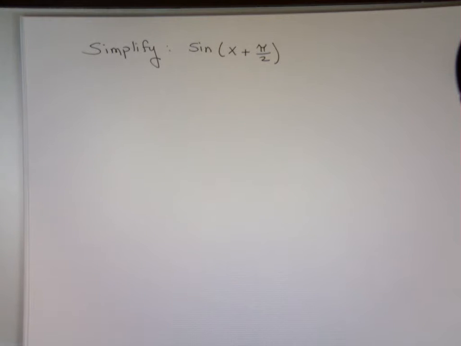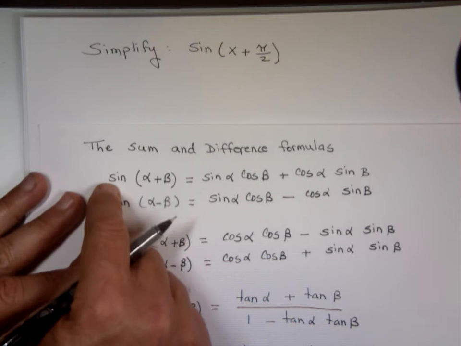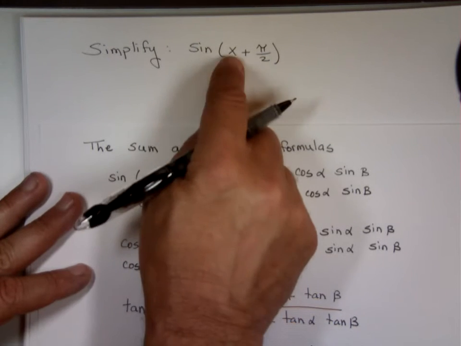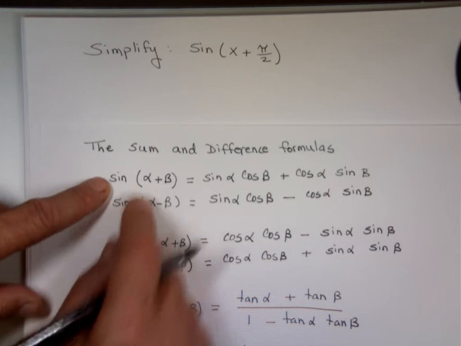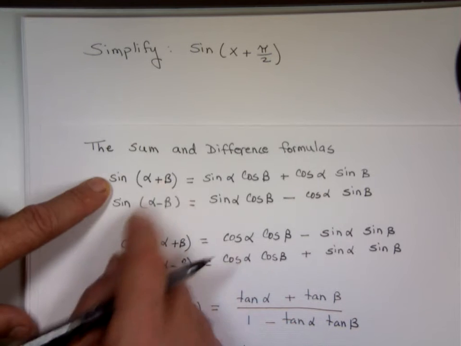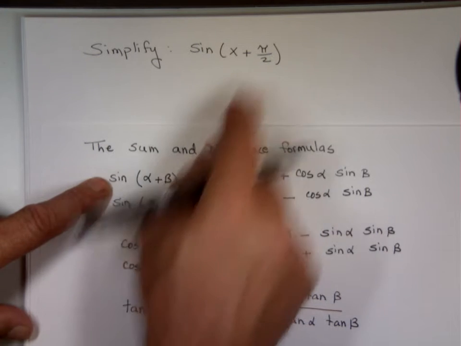Now, if I pull my identity back here, I'm using sine of something plus something. So it's this one, the first one. So my alpha is really x, and my beta is what? Pi over 2.